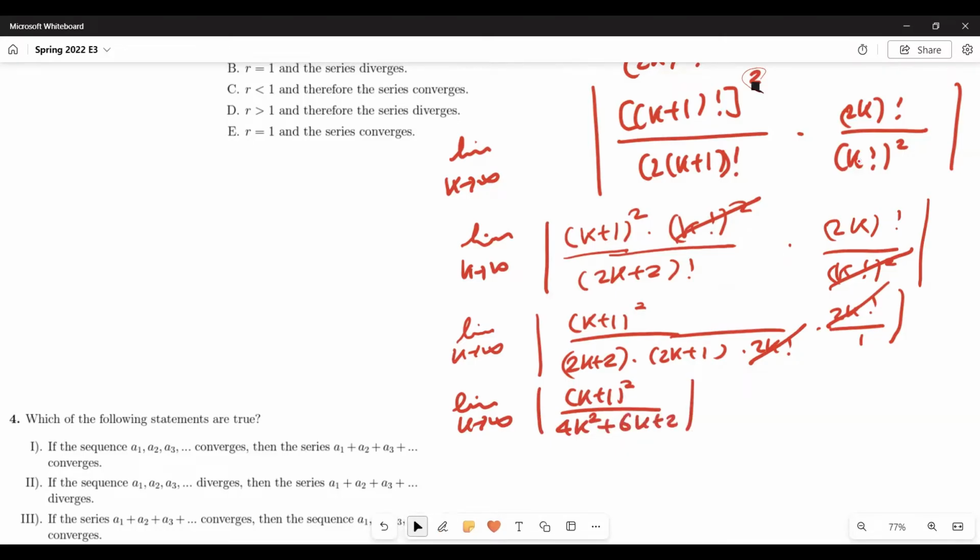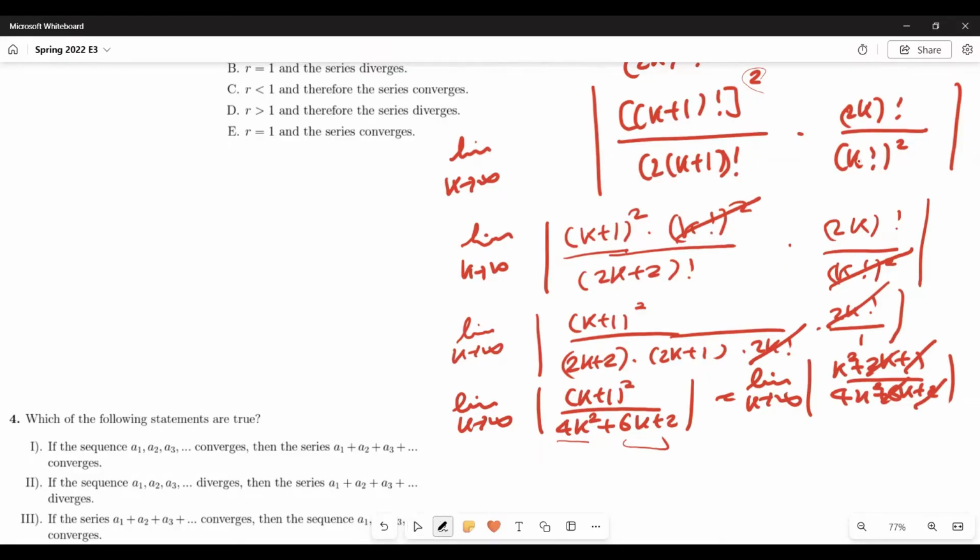We don't really care about the rest of the terms, we just care about the highest power, because as k goes to infinity the highest term matters and the rest are very minimal, trivial numbers.